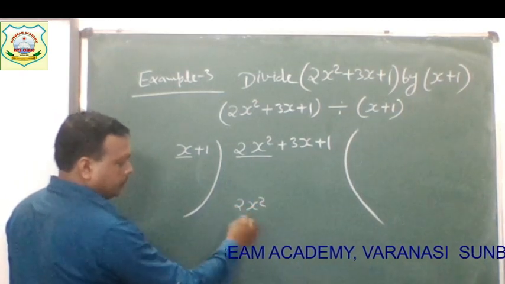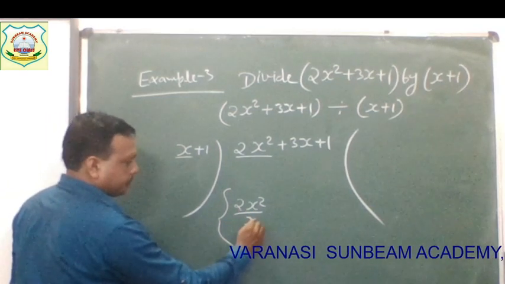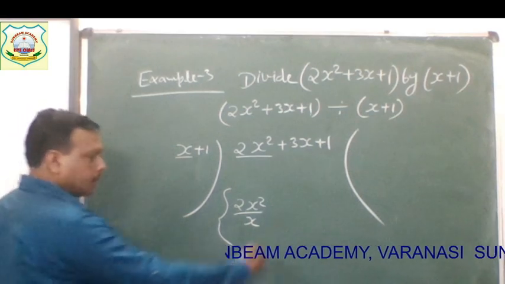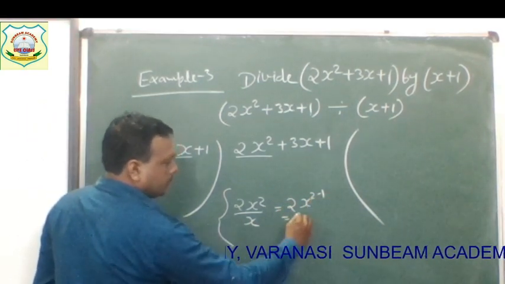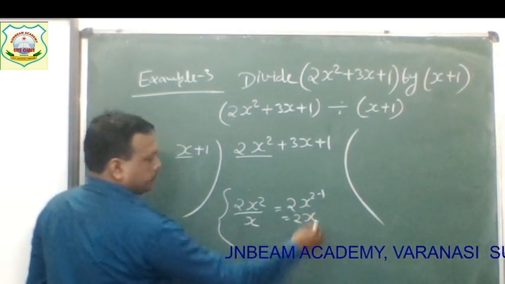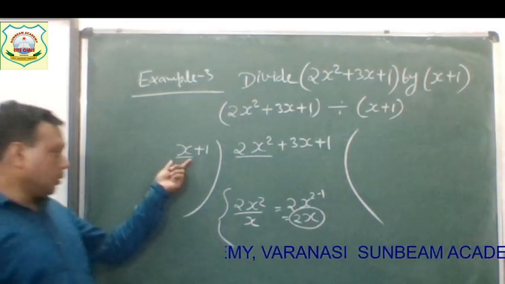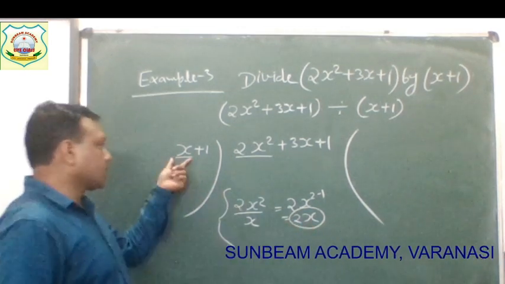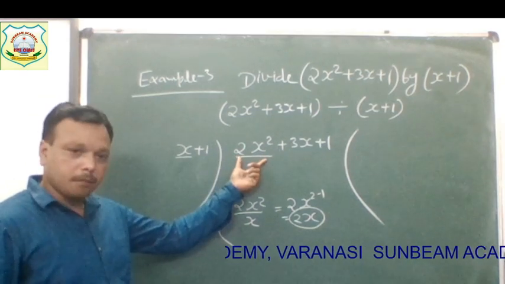You can check in the rough work. 2x square upon x. So what will come? 2x power 2 minus 1, that is x, so 2x. What should multiply in this value? 2x. 2x into x, what will come? 2x square, equal to this one.